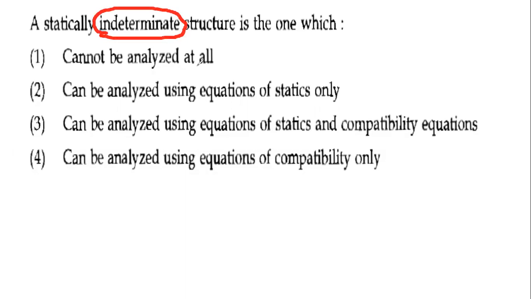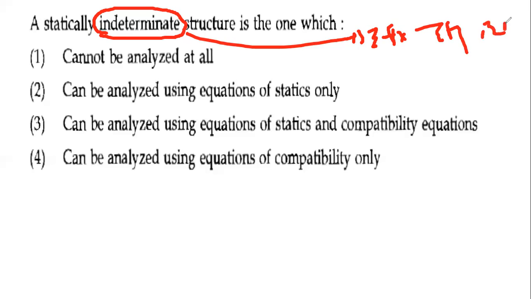where we can analyze the structure using first the available equations of statics, that is summation Fx, summation Fy, and summation of moment. In addition to these equations of statics, what we require is equations of compatibility. So that's why we are using the classical methods or the matrix method to get the equations of compatibility.